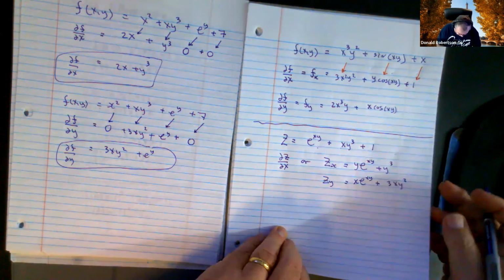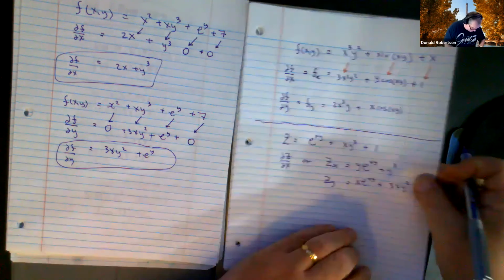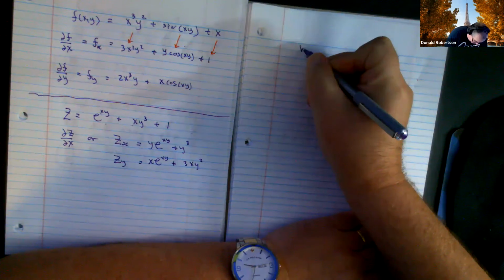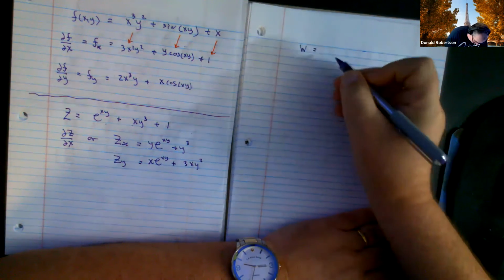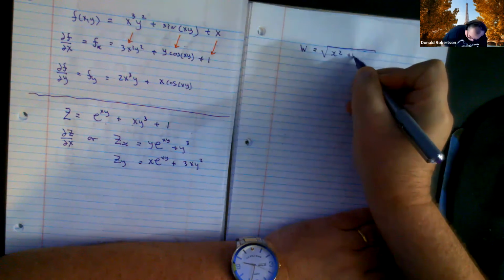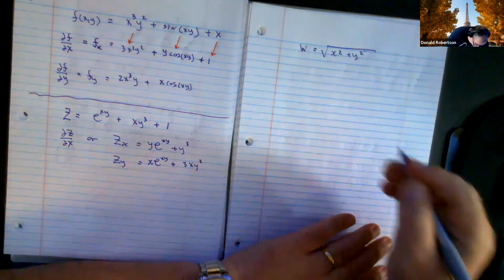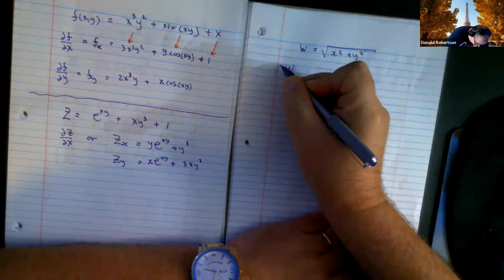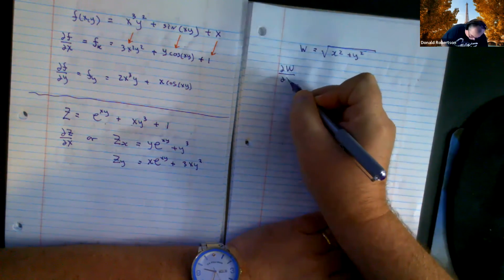Let's put in some square roots. They tend to cause problems. Let's have, just because I want to, w is equal to the square root of x squared plus y squared. And we are going to find the partial derivative with respect to x.